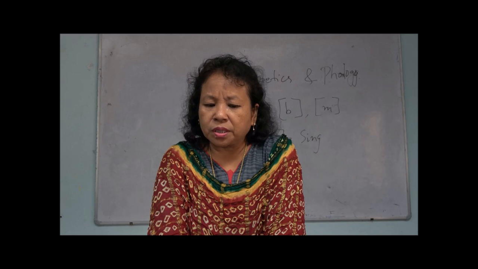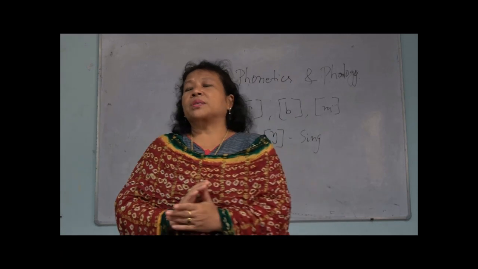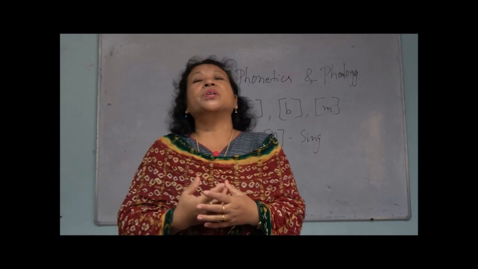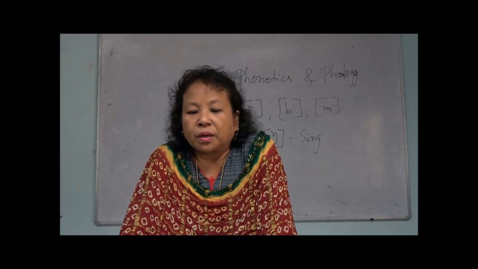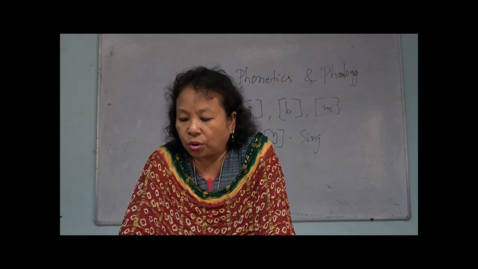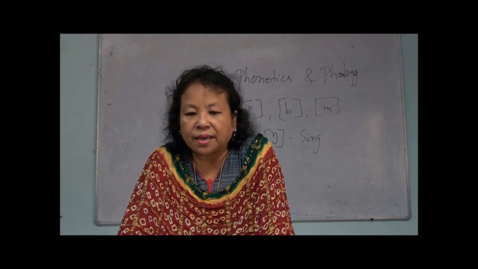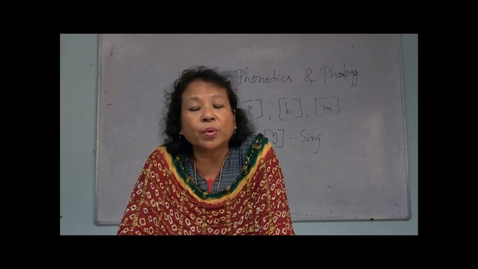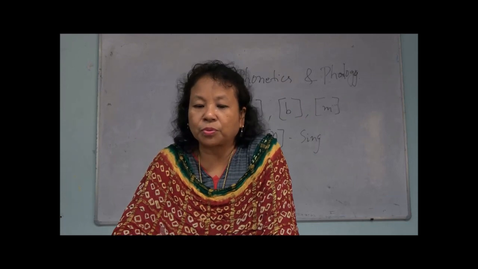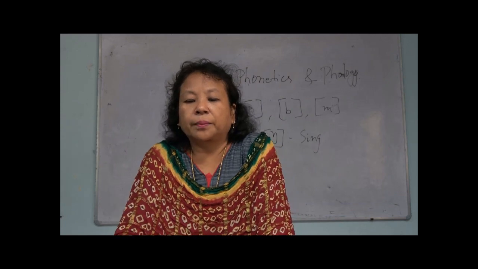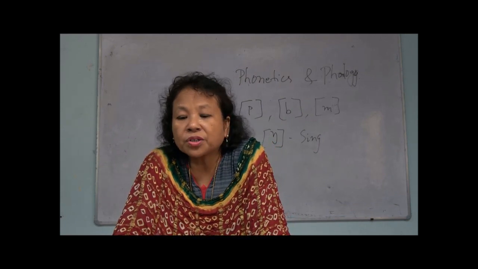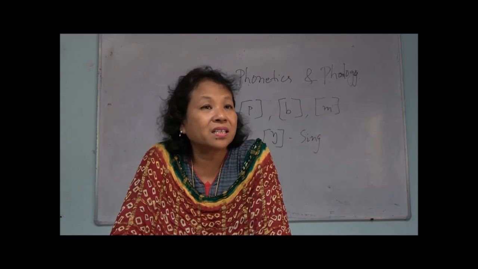Having discussed the various sounds, what vowels are and what consonants are, let me now introduce what diphthongs are. A diphthong is a sequence of two vowels that functions as a single sound.